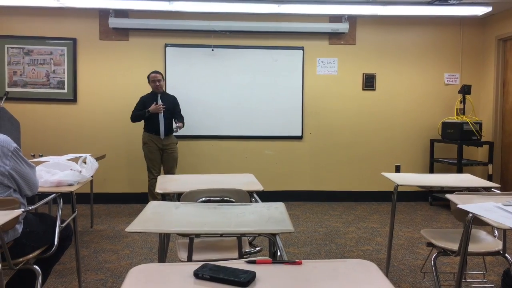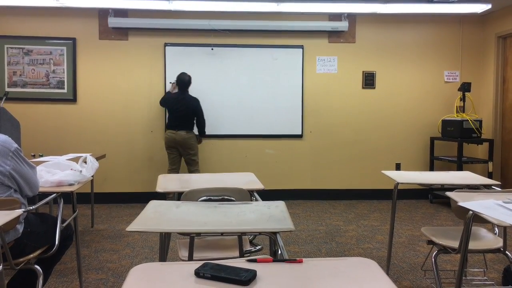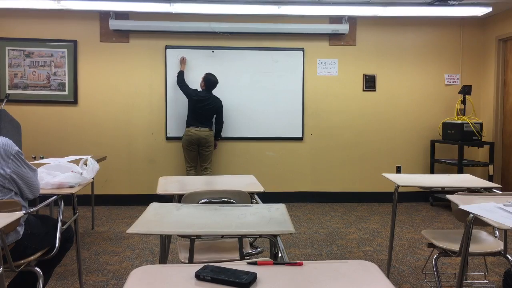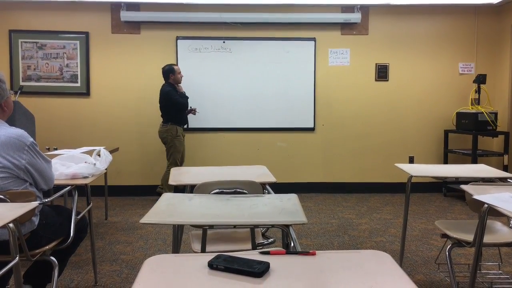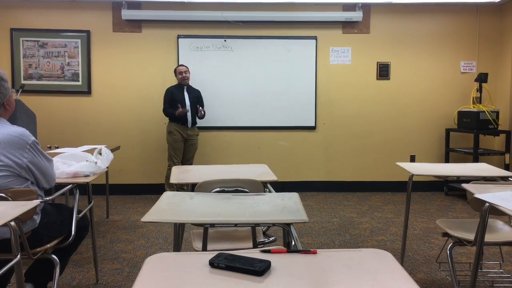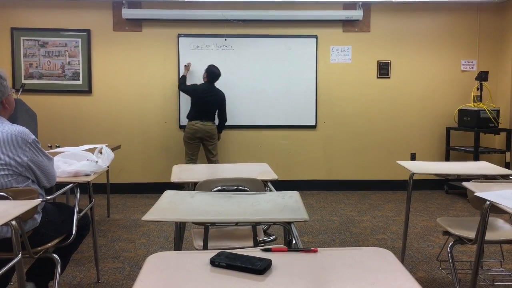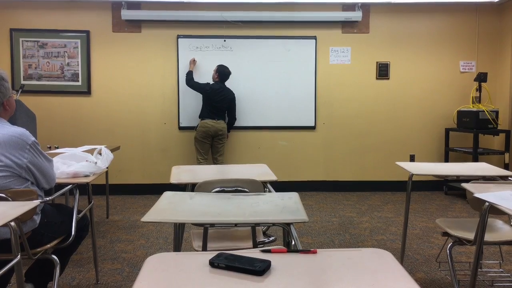So last time in class we started talking about complex numbers. Complex numbers use one of our special numbers called an imaginary number, which is represented by the letter i.